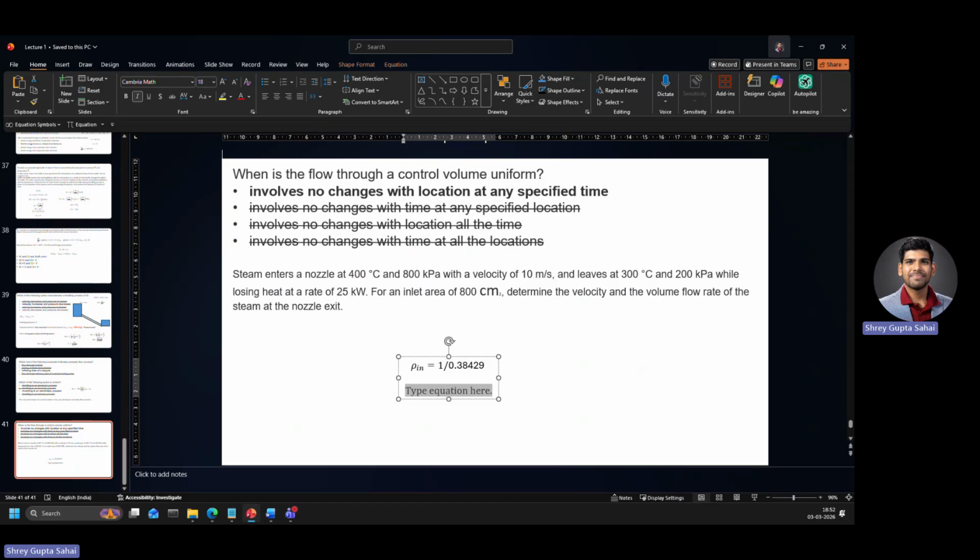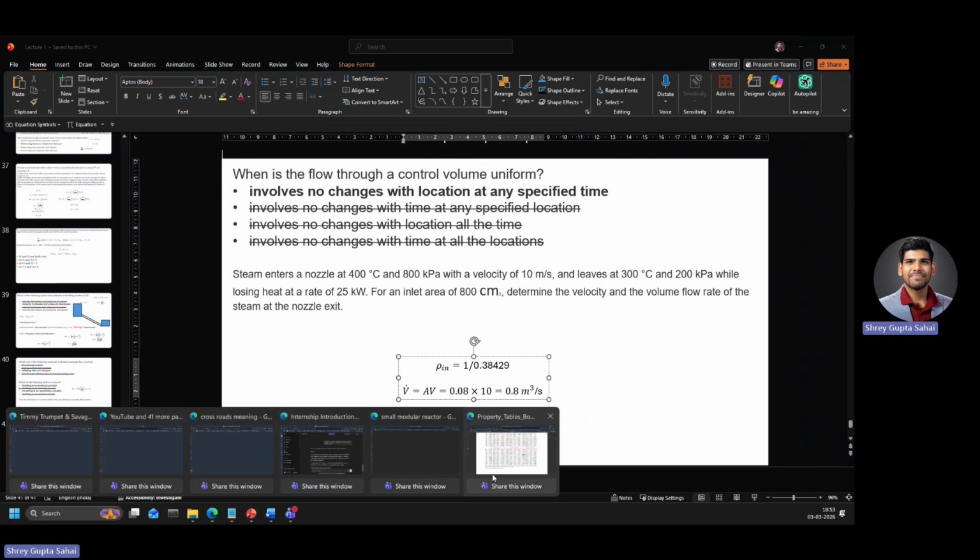We know the inlet area and we know the velocity. So the volume flow rate, V dot, is A times V, which is 800 divided by 10,000, so 0.08, times 10, which is 0.8 meter cube per second. This should be our answer.